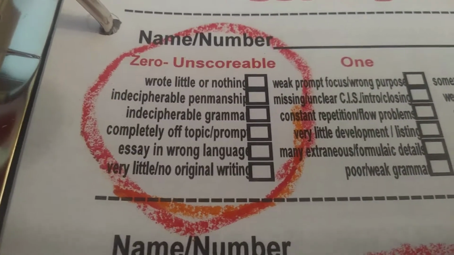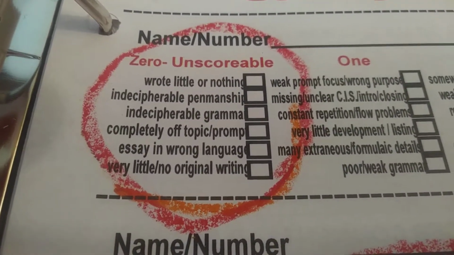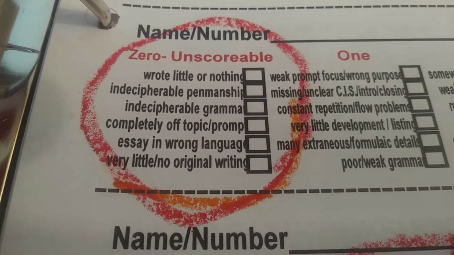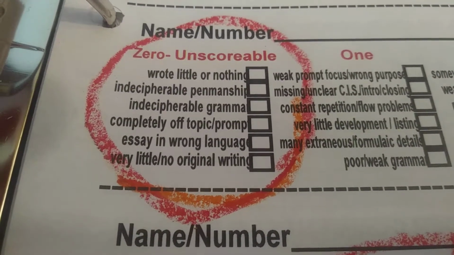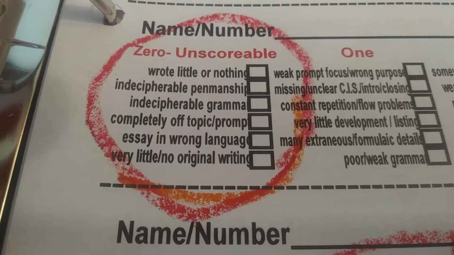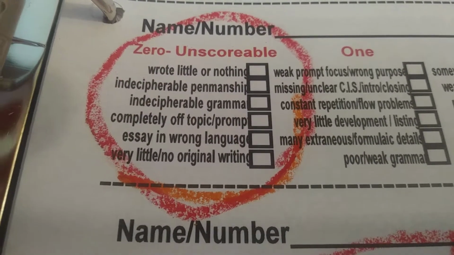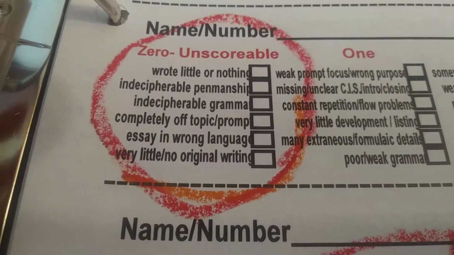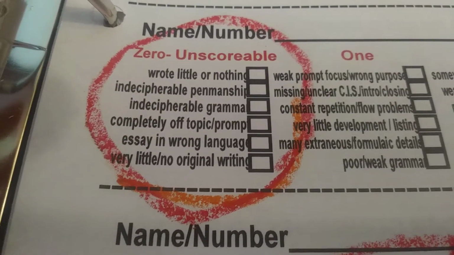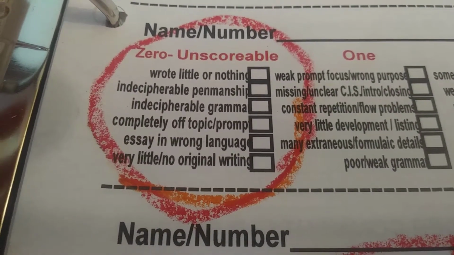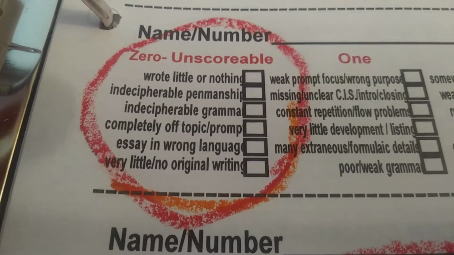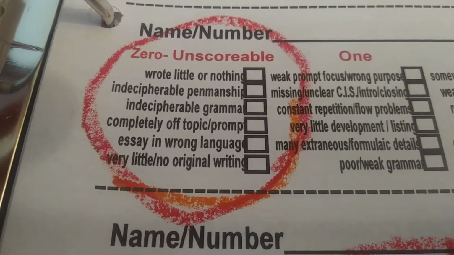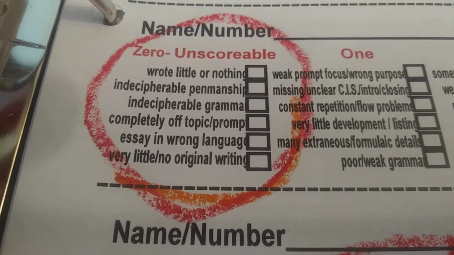If the student writes little or nothing, then you would make a little check mark there. Based on your opinion, they're just saying there's not enough there to be able to tell their ability to understand the topic or to respond in an expository essay. If there's a refusal to write, that would be little or no writing.